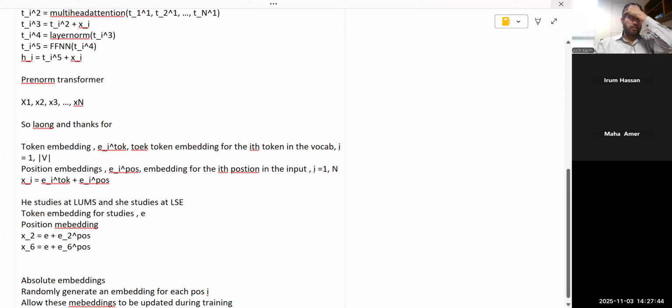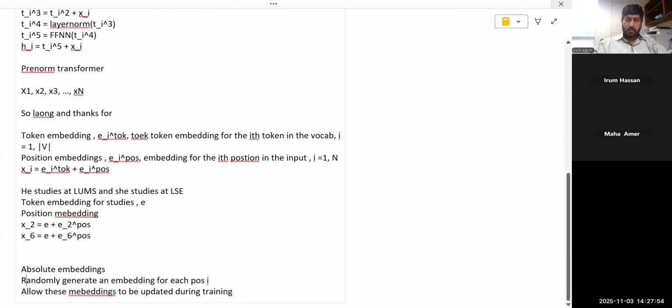As I said, there are two approaches. Absolute embedding is where for each position you create a random embedding and then let it be adaptable in the learning process.